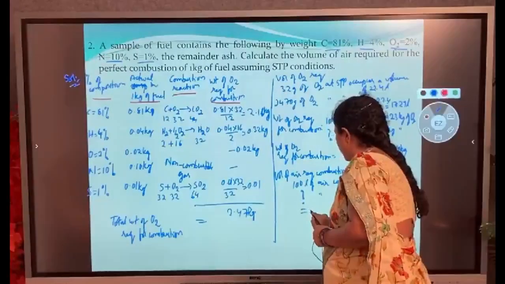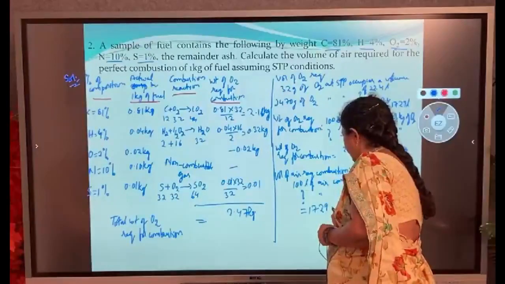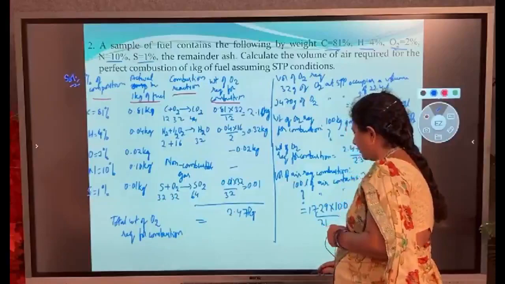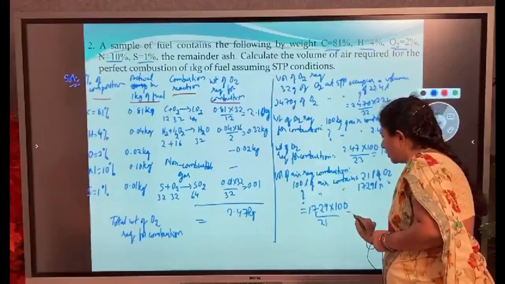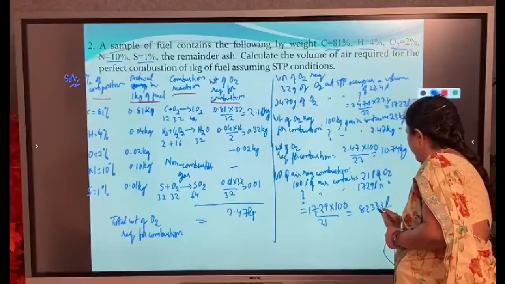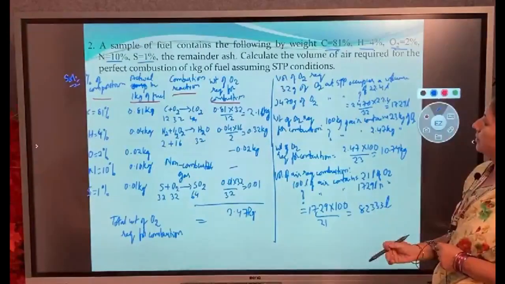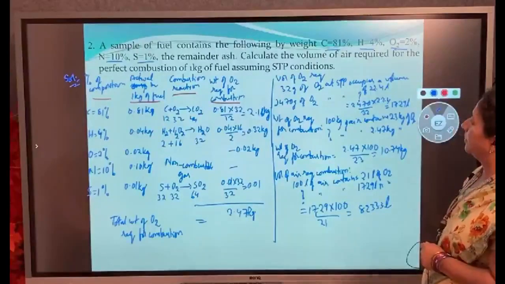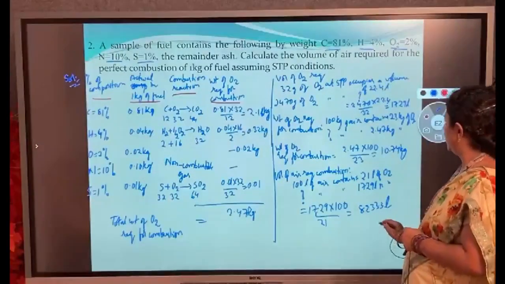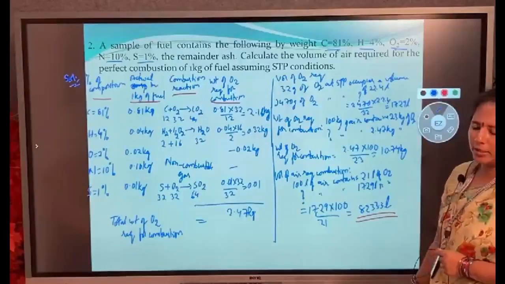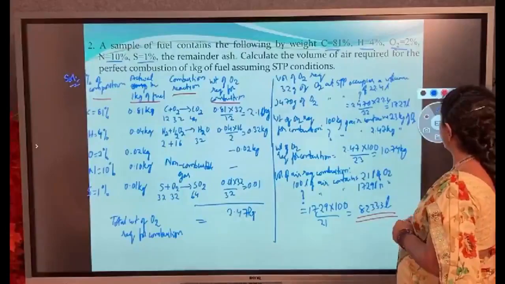This will be equal to 1729 into 100 by 21. This will be equal to 8233.3 liters. So the volume of air required for complete combustion of 1 kg of fuel is 8233.3 liters.